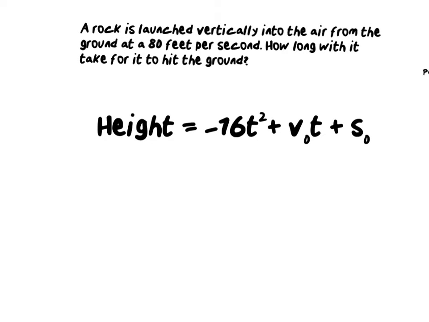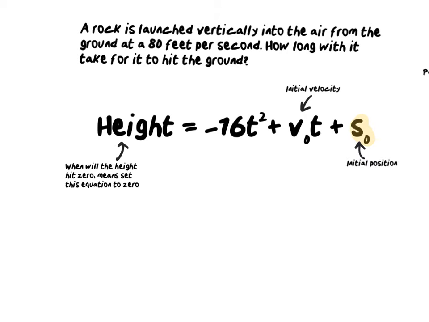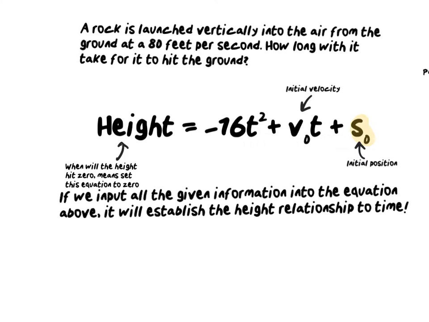So I have a generic formula that we're going to use to calculate. V sub 0 is for initial velocity and S sub 0 is for initial position. And remember, hitting the ground means the height will hit 0. If we input all the given information into the equation above, it will establish the height relationship to time.